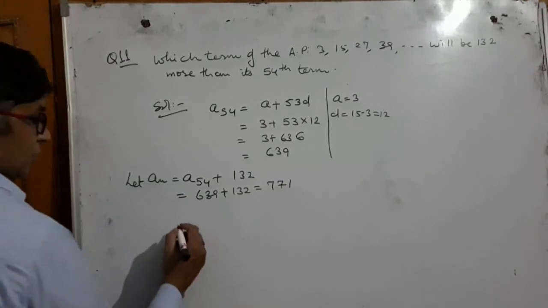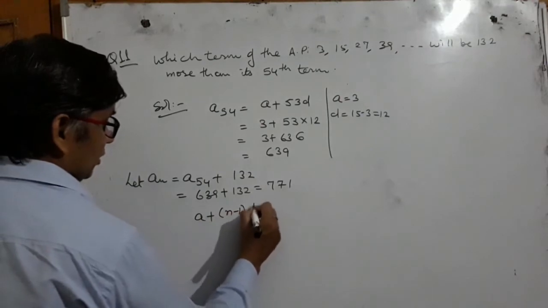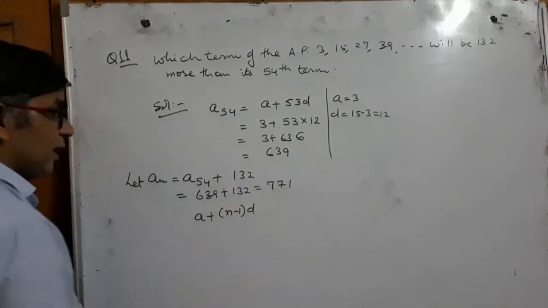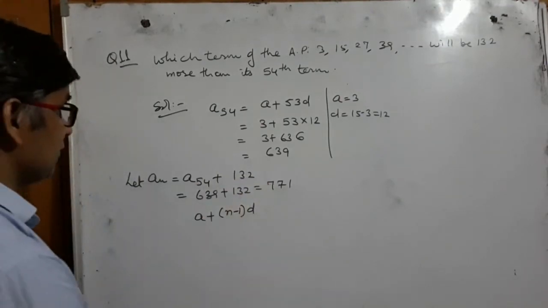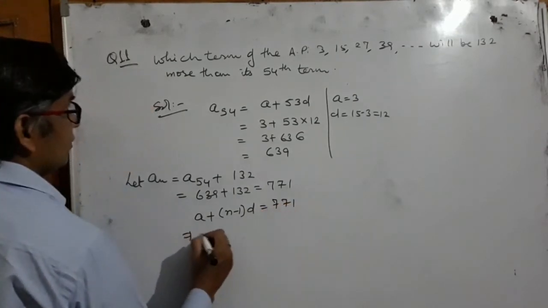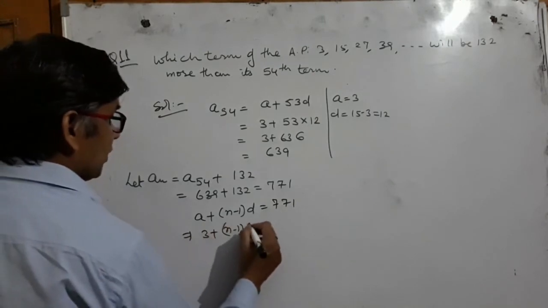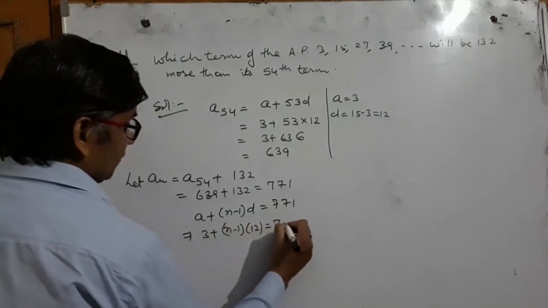Now A plus n minus 1 into D. Suppose the nth term is 771. So 771 equals 3 plus n minus 1 into 12.